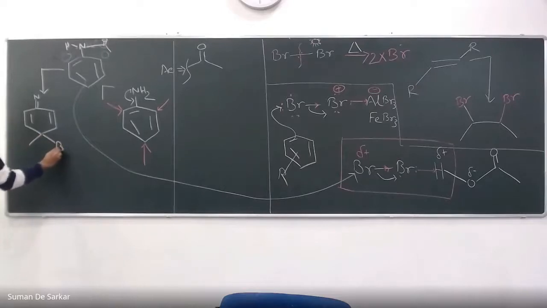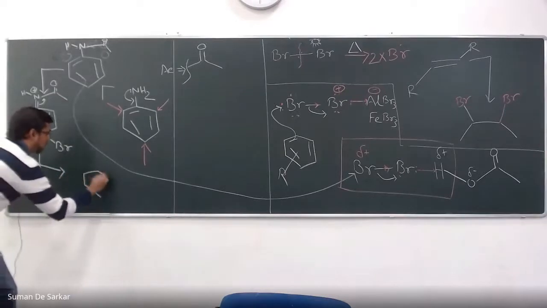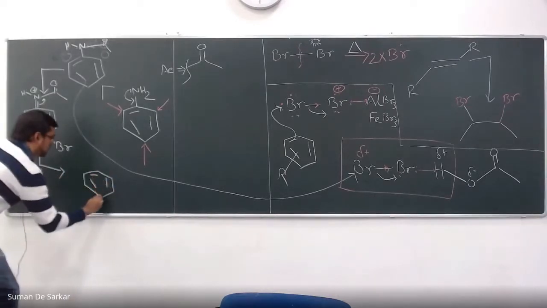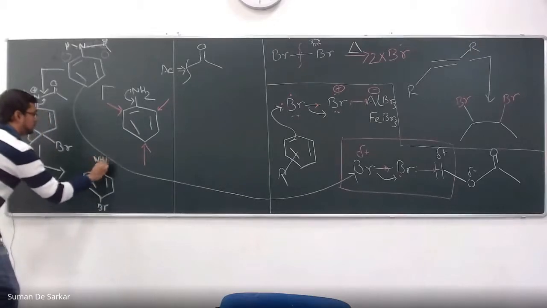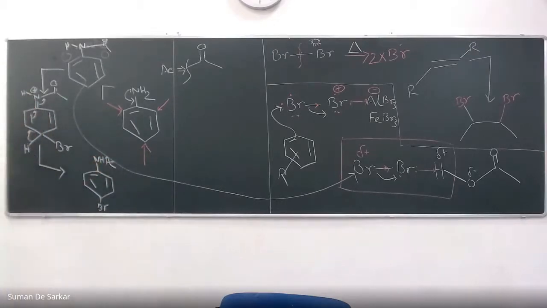So bromine comes here and hydrogen here, and we can show there's a positive charge on nitrogen here, COCH3, then it's pretty easy. Rearomatization, like this, NHCOCH3, like this. Yeah, that's the product.